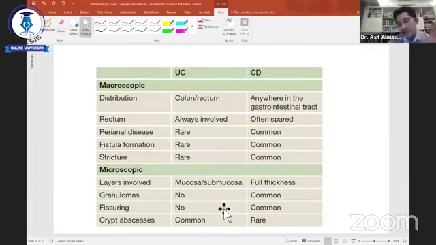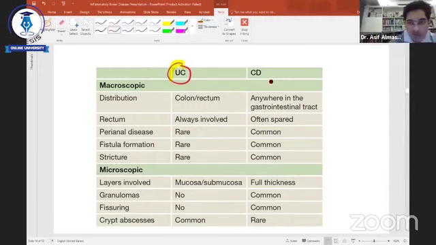Now, in the last presentation, everyone was asking about what's the difference between ulcerative colitis and Crohn's disease. Yes, this is very, very important. Now, as we have already discussed, Crohn's disease can involve anywhere in the gastrointestinal system.